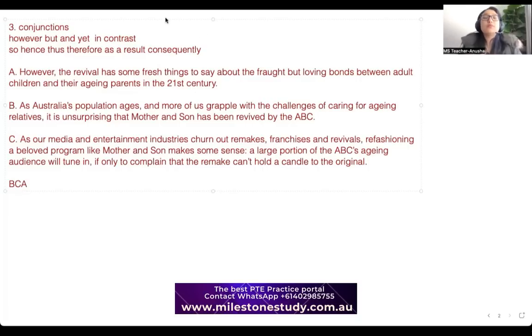Okay, so my point here is again to show you that however, but, yet, in contrast, these kinds of words will contradict two sentences. Okay, with so, hence, thus, therefore, these sentences will not contradict. These sentences will give us reasons or some kind of relation, like a positive relation.